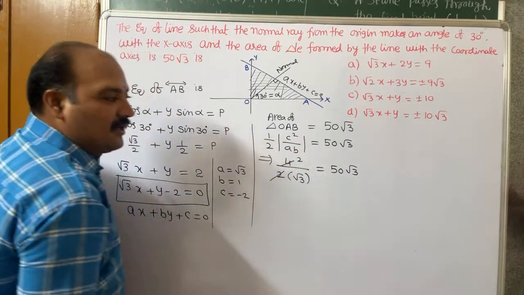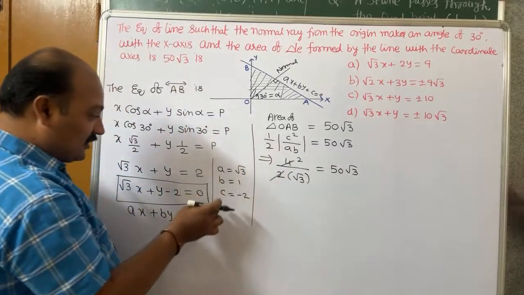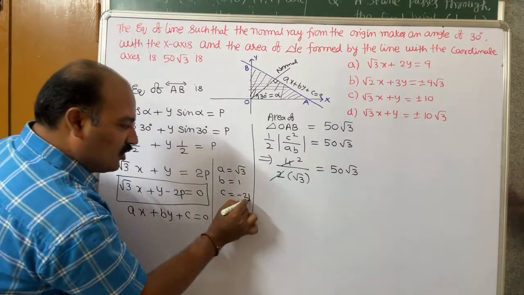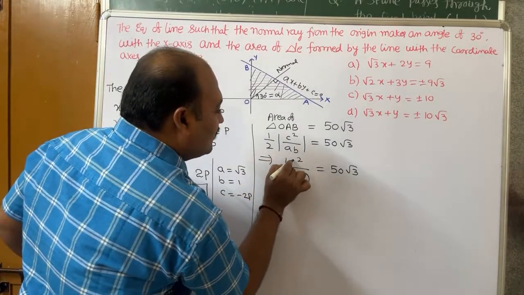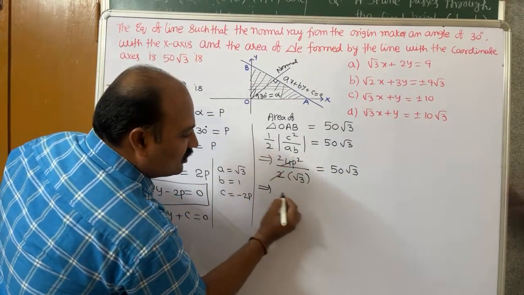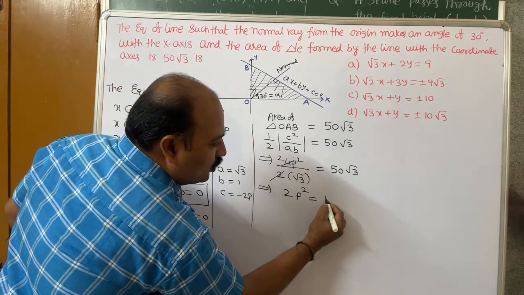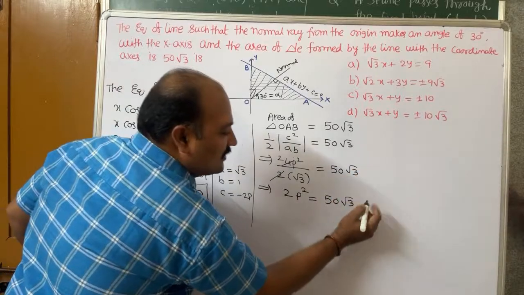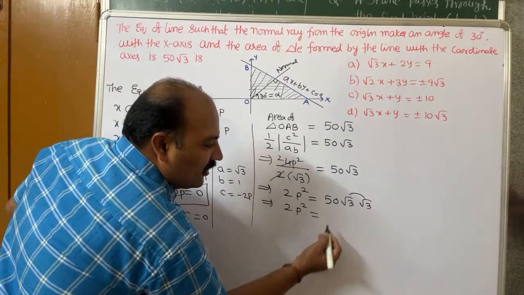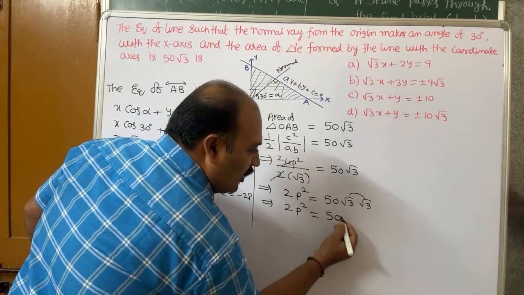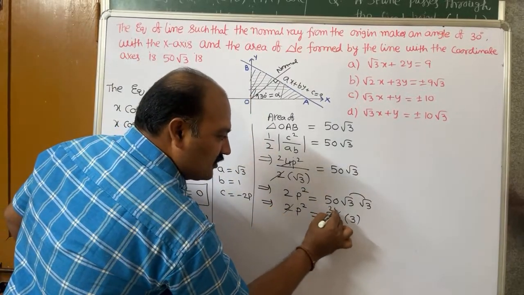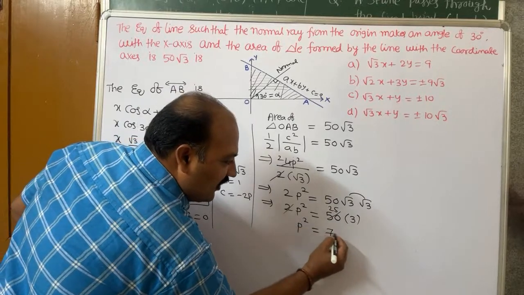So 2P squared is equal to 50 into root 3 into root 3, and root 3 into root 3 is 3. So 2 ones, 2 25s. So P squared is equal to 75.